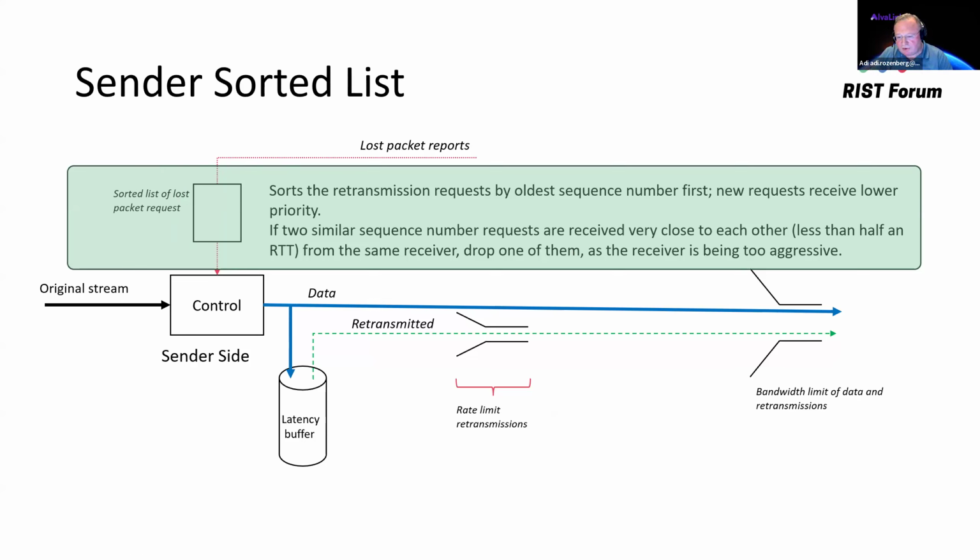If we sort that, we will make sure that they will be taken care of first and not any message. That means it gets more priority. Then, if the receiver works aggressively and sends too many requests for the same packet, we want to only send one packet and not answer all the requests, so that we will limit the burstiness of the recovery.